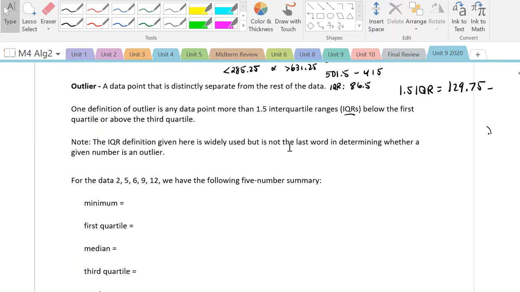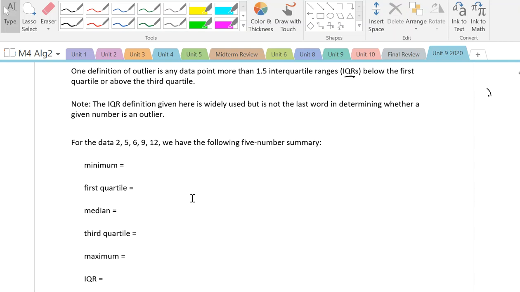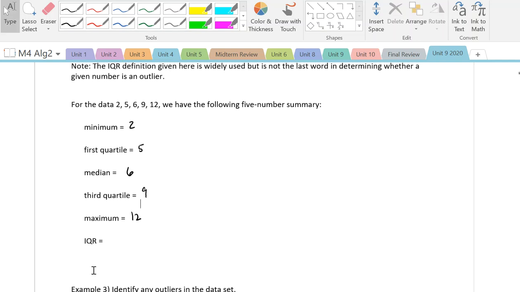So for the data 2, 5, 6, 9, 12, we have the following 5-number summary. Our minimum is 2, our maximum is 12, our median is 6, and our first quartile and third quartile are 5 and 9, respectively. Our IQR, or interquartile range, is 9 minus 5, or 4. Let's see if there are any outliers.